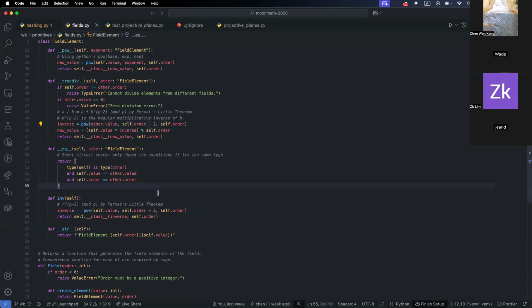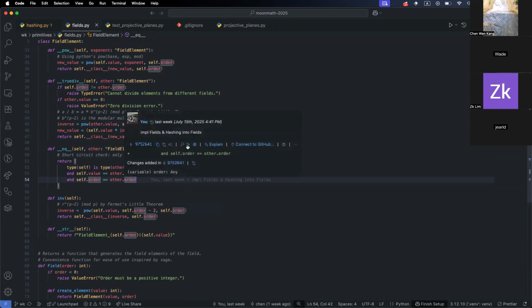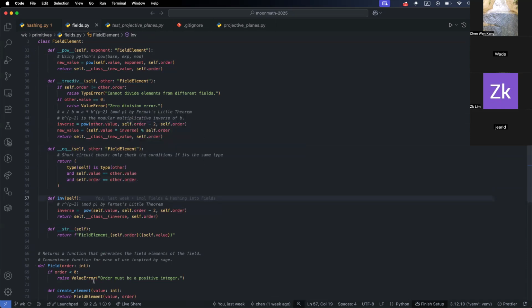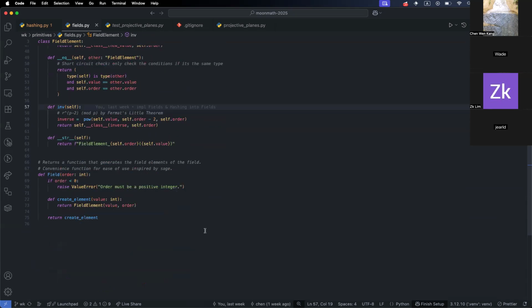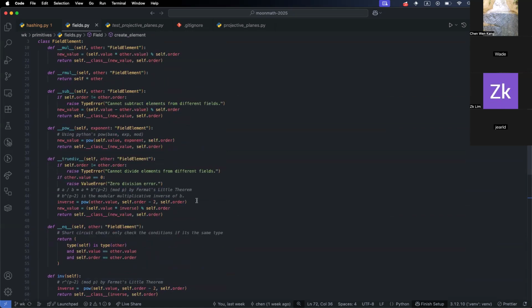So this equal is essentially the equivalence of two field elements, right? You need it when you want to check that, say, three of field five is equal to eight of field five. It should be the same. That's the entire idea. So this is the field.